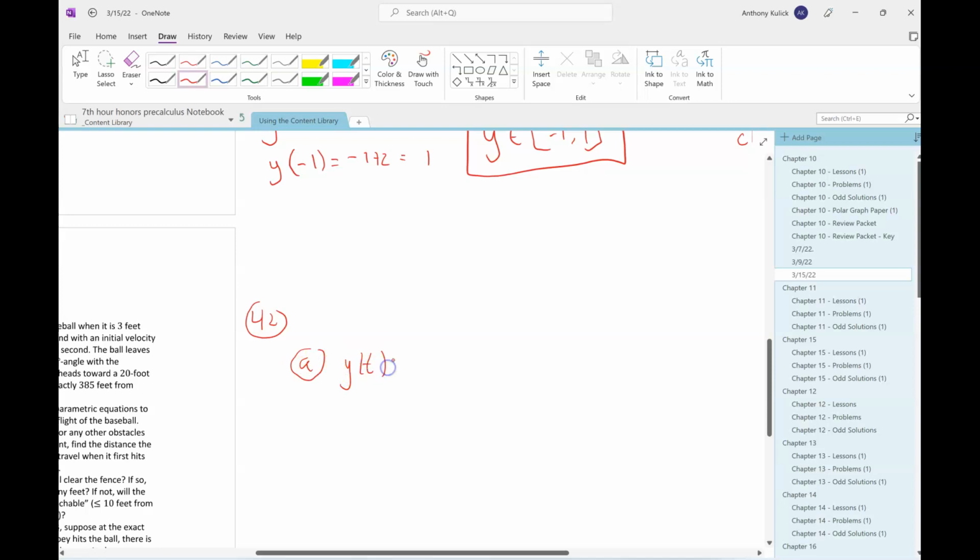So again, I'm using the two-dimensional motion problem. So it's negative 16t squared plus the initial velocity times t plus the initial height. Part B is we're just plugging 3 into that. I'm going to let you handle the plugging in.